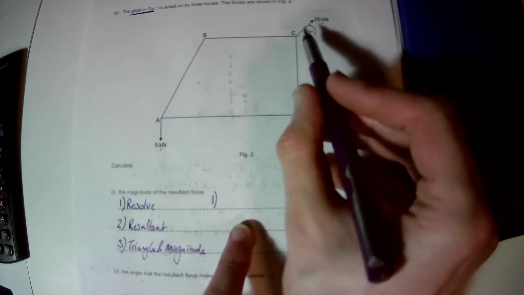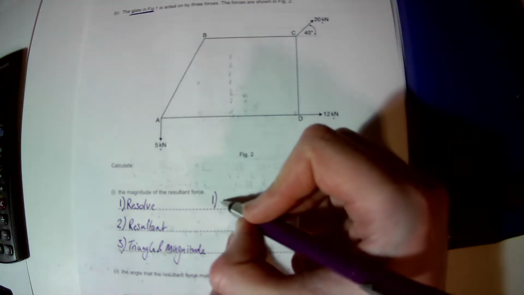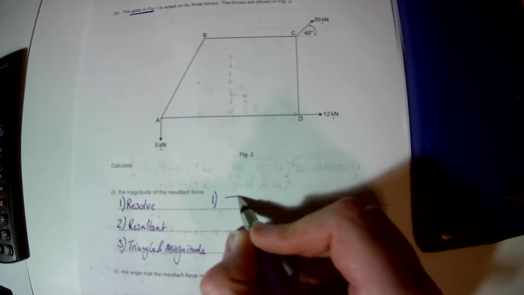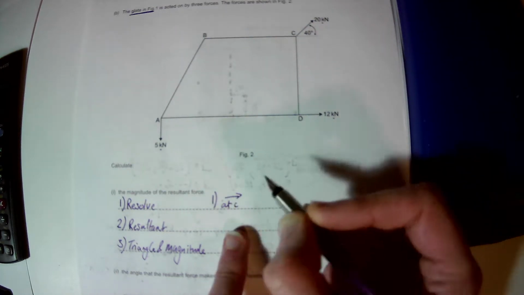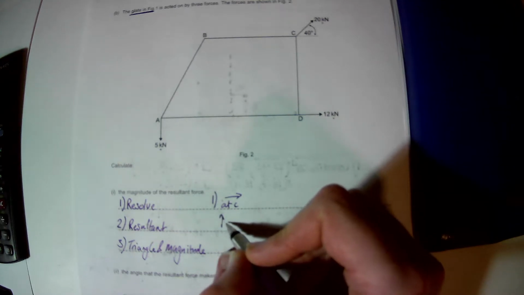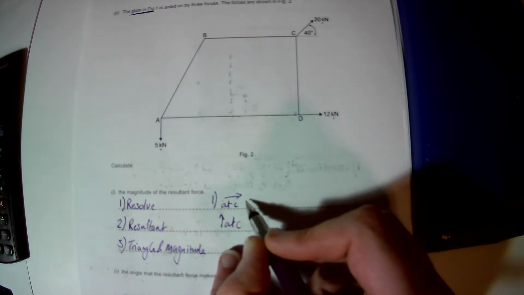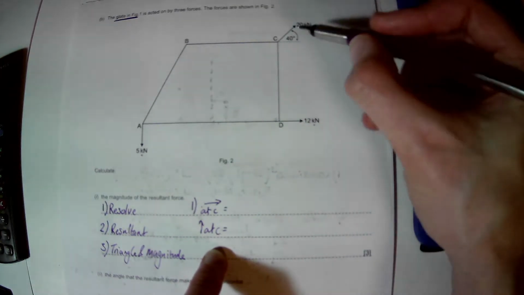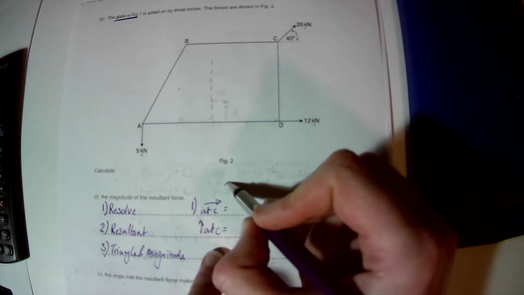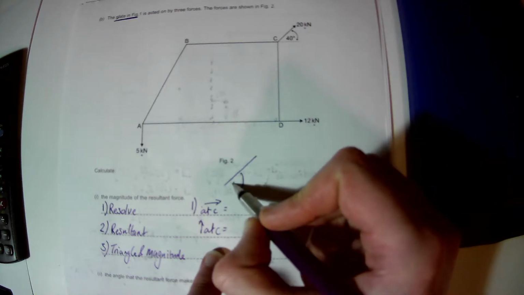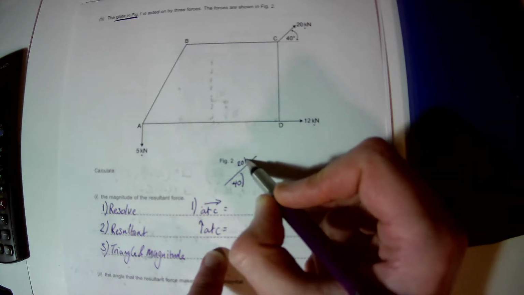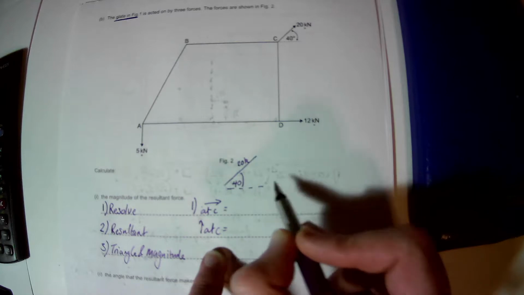So our first step is to resolve this component at C into a horizontal component at C and a vertical component at C. Now the force at C that is horizontal is going to be, if I draw this out a bit clearer for myself, I've got 40, I've got 20k, and that is the angle.